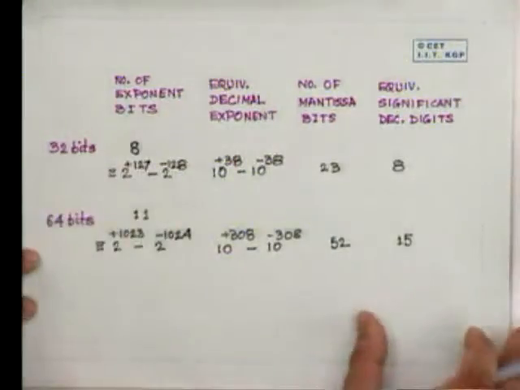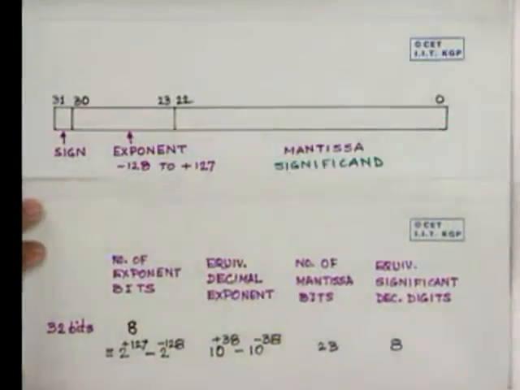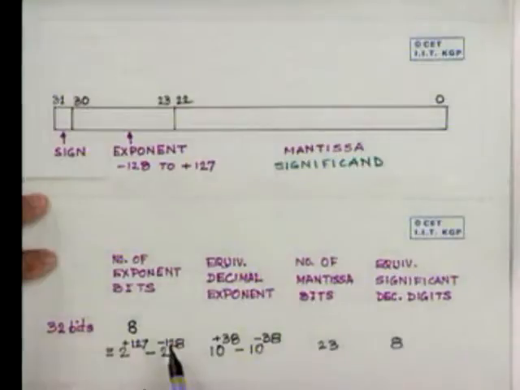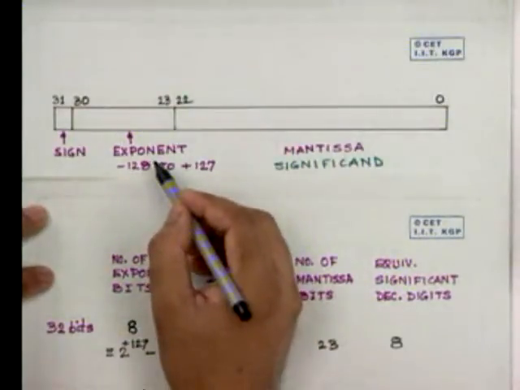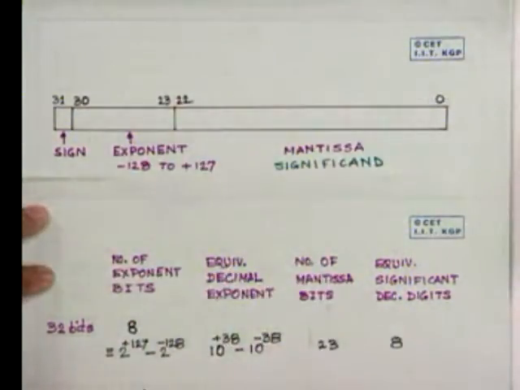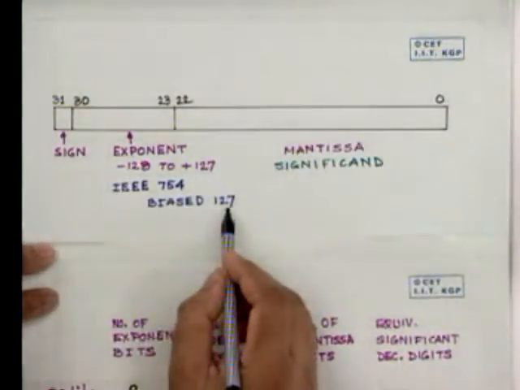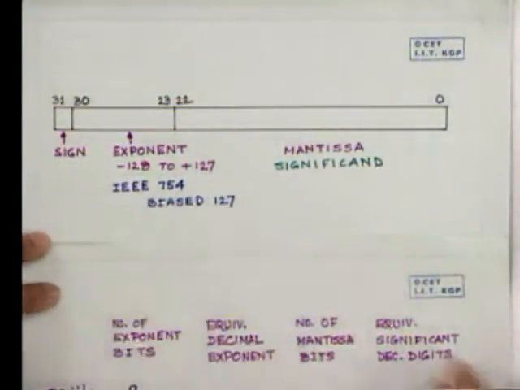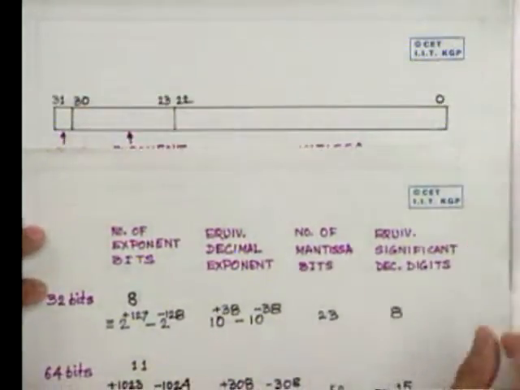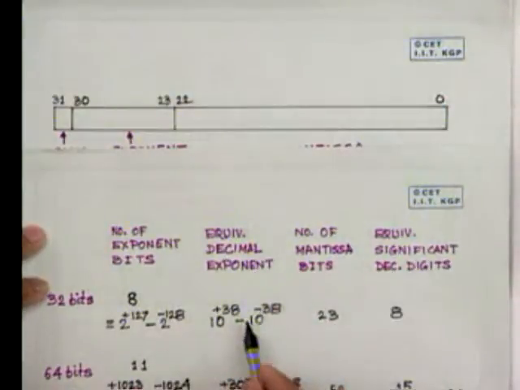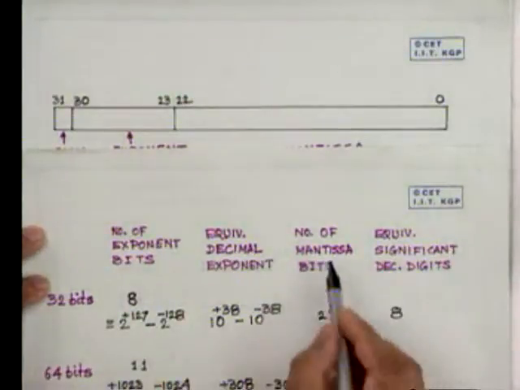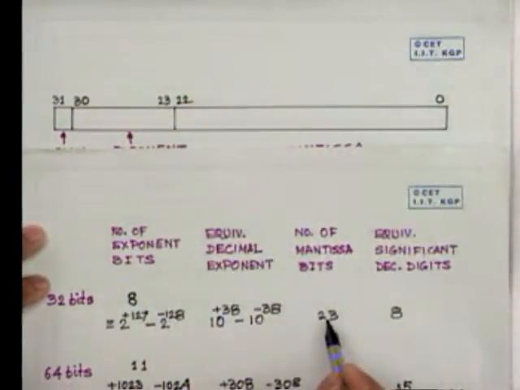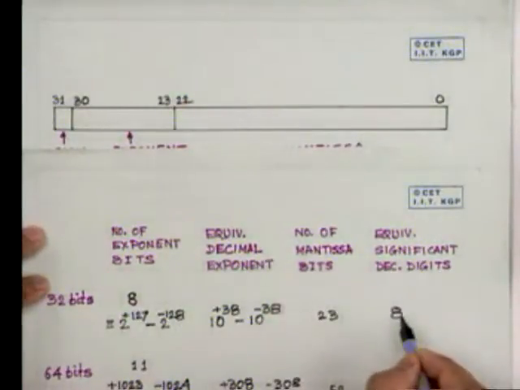If we assume that we have a 32-bit number, as is the situation here, and if we use the number of exponent bits to be 8, either in 2's complement form, or in biased 127 form in the IEEE 754 standard, then the equivalent decimal exponent that you can represent is 10 to the power plus 38 to 10 to the power minus 38. If the number of mantissa bits is 23 here, then the equivalent significant decimal digits that you can represent is 8.